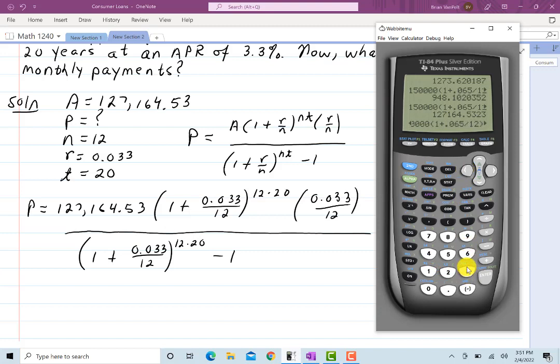Change this 6.5 to a 3.3. And then finally, let me change the loan amount to $127,164. And I need to make room for my decimal, so I'm going to have to insert the 0.53. Not that that makes a huge difference in the payments, but nonetheless, I would like to get this very exact. 724.50.